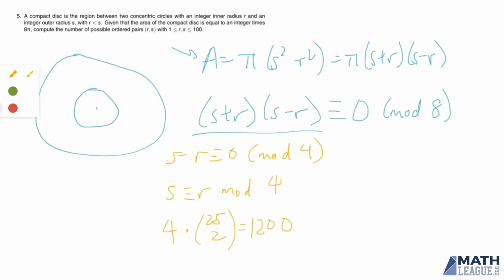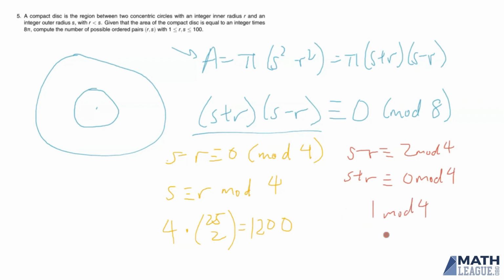Now, our second case is when s minus r is congruent to 2 mod 4. Now, that means that s plus r has to be equivalent to 0 mod 4. And when this happens, we know that one of s and r, one of each, have to be equivalent to 1 mod 4 and then 3 mod 4.